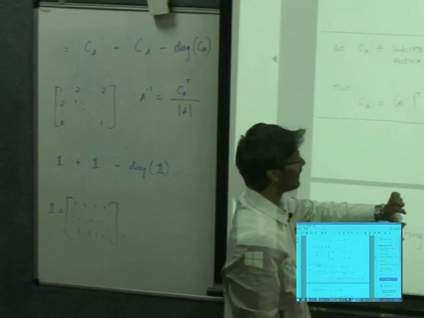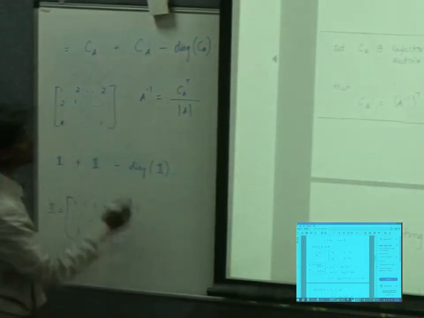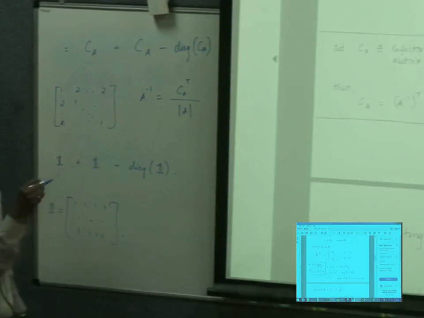But we are not interested in this. We are interested in the derivative of log of the determinant of A with respect to the matrix.